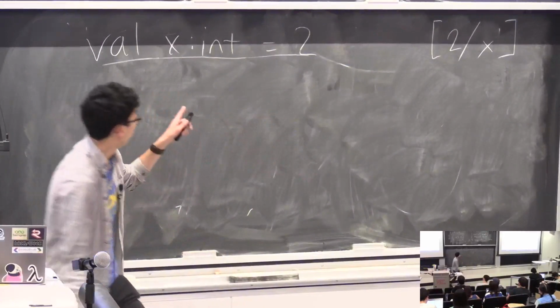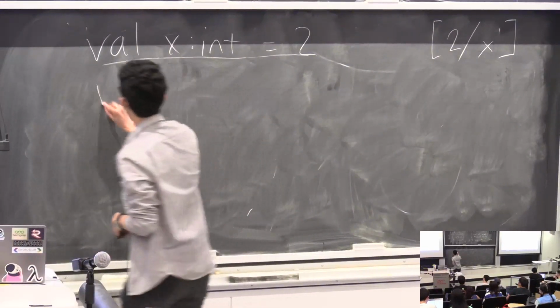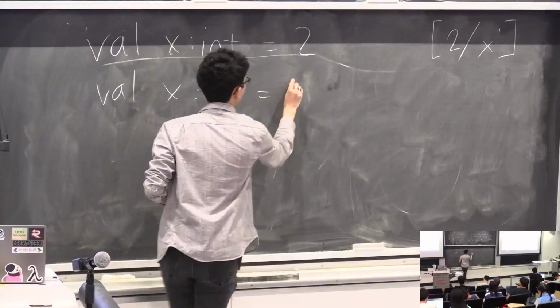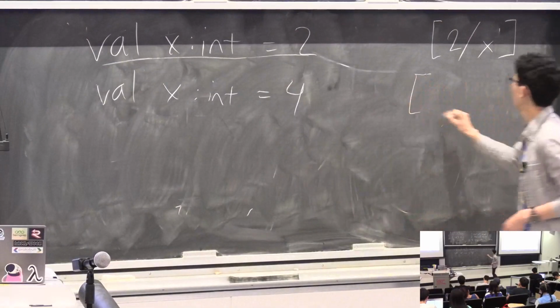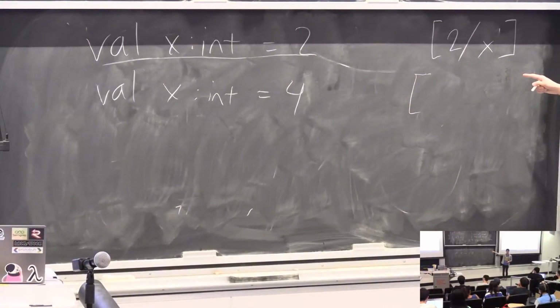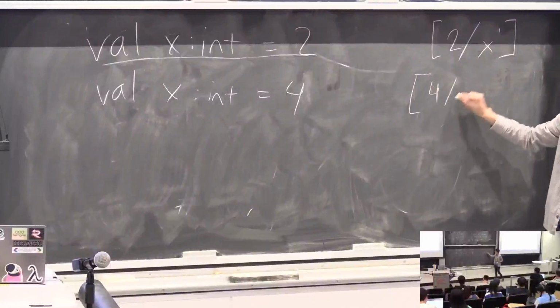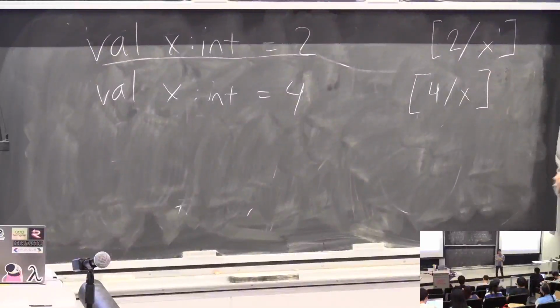But what if I were to immediately do, like I showed you earlier, val x colon int equals 4? Well, now I'm going to displace this binding. It's going to go away. So I'm going to say that 4/x. And something else interesting happens when we get functions in the mix. But let's think about this case first. If I immediately bind it, I shadow it, is what it's called.